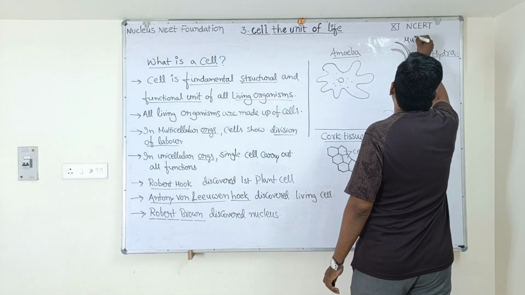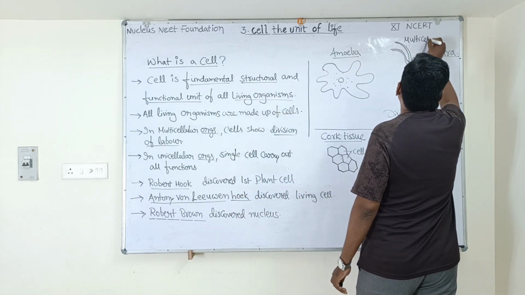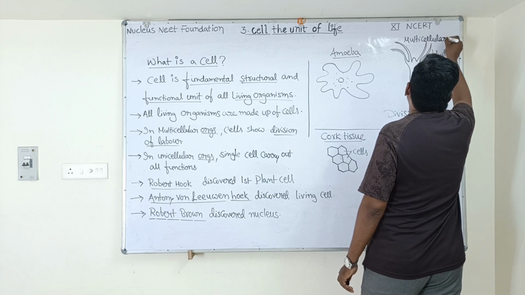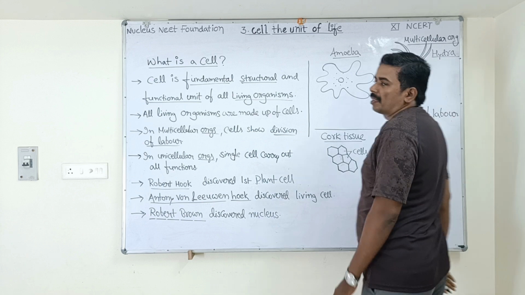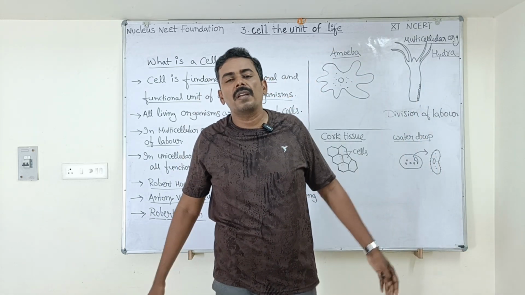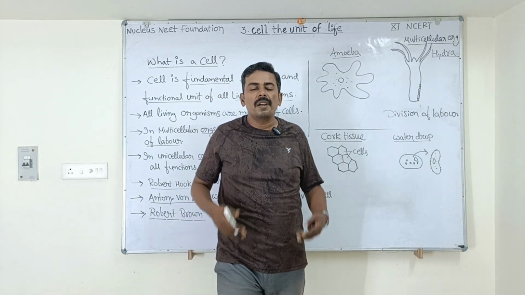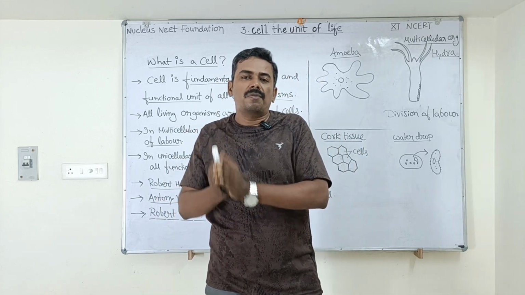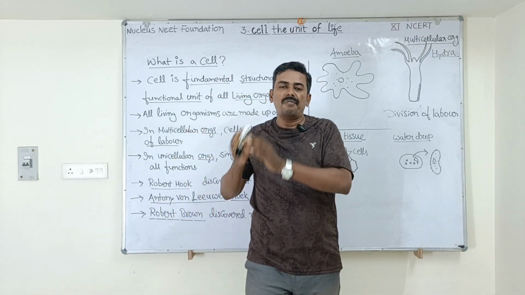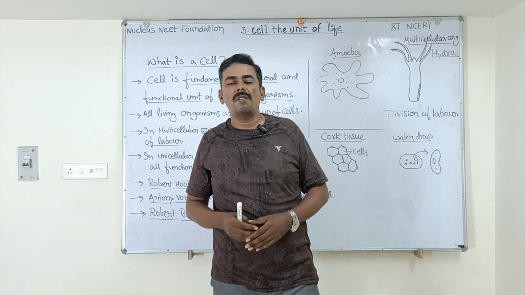So what is a hydra? It is a multicellular organism. And our human body is also multicellular. We are also multicellular organisms. In our body, some group of cells will carry out certain function and some other group of cells will carry out certain function.